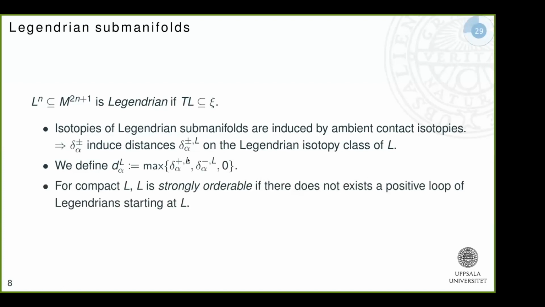And if L is orderable, we again have a notion of orderability, namely these quasi-orders should be partial orders. And for compact L, it again turns out that L is strongly orderable precisely if there does not exist a positive loop of Legendrians in this Legendrian isotopy class. And I think this was first noted by Chernov and Nemirovski.